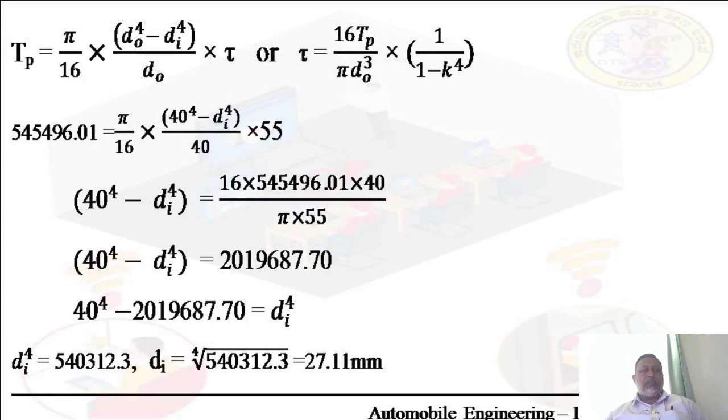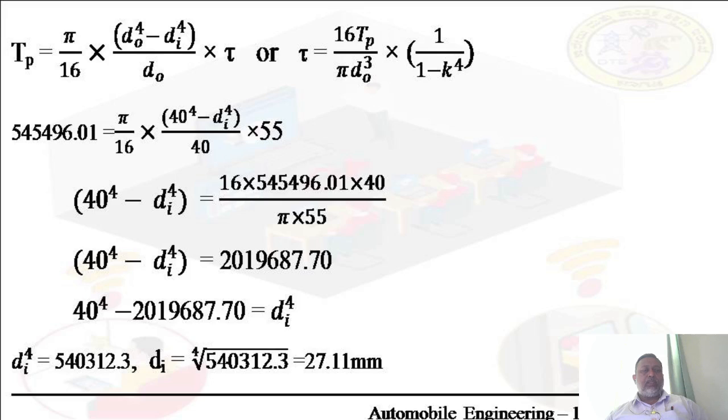When you use this, you come across in this manner: Tp is equal to pi by 16 into d naught 4 minus di 4 by d naught into tau, and because k is nothing but di by d naught, I just change the value of k.